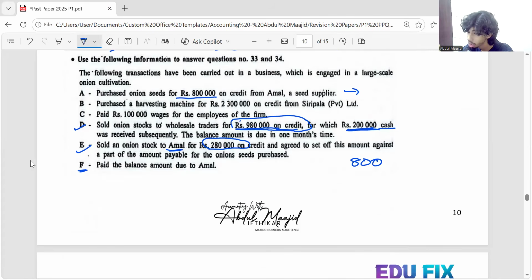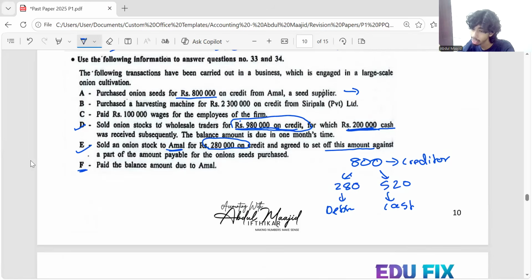Now on credit and agreed to set off this amount against a part of the amount payable to Amal. Now we have to pay Amal 800. He is our creditor for 800,000. Now we are selling goods worth 280 to him. Then there he is becoming a debtor. The remaining amount you are paying in cash. 800 minus 280. You are paying 520 in cash.